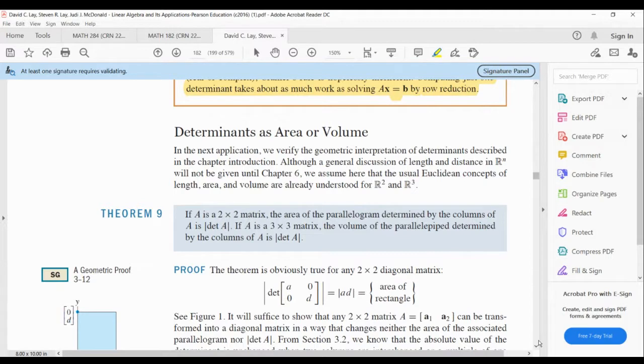So in Calculus 3, how many learn that the absolute value of the cross product of two vectors in R2 space is equal to the area of a parallelogram? How many maybe have learned that if they've taken Calculus 3? Does anybody recall a theorem like that? Okay, a few of you have.